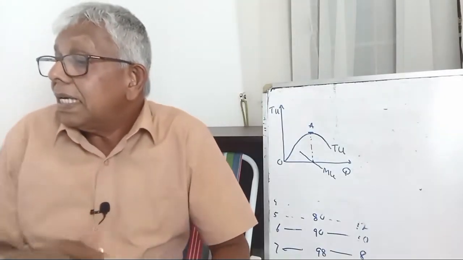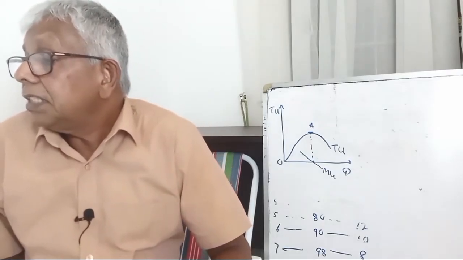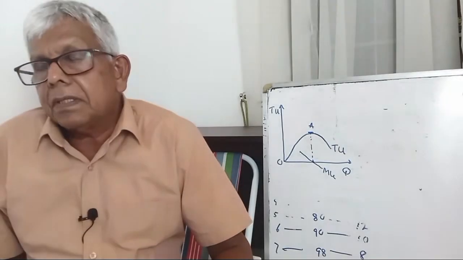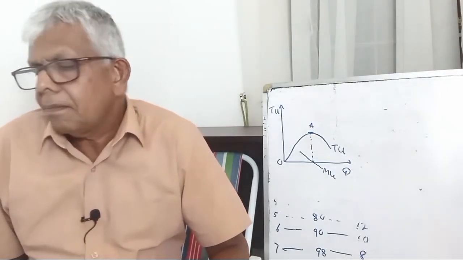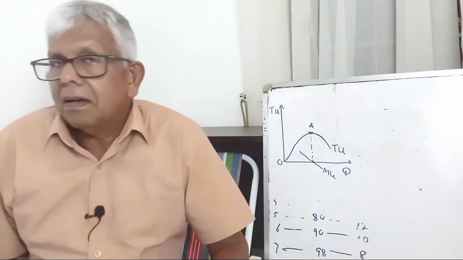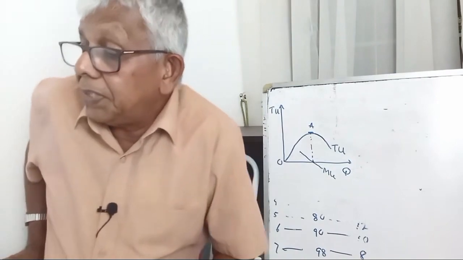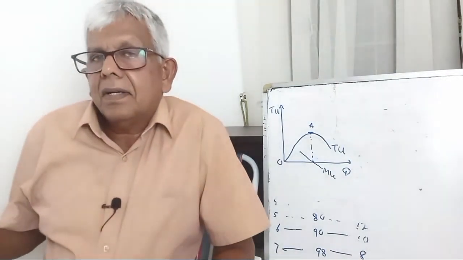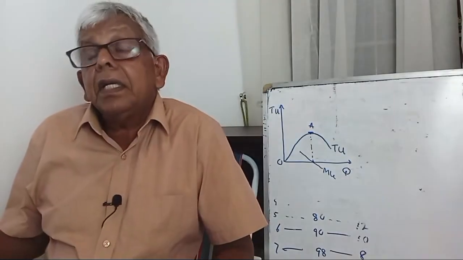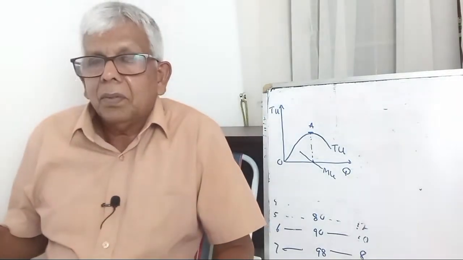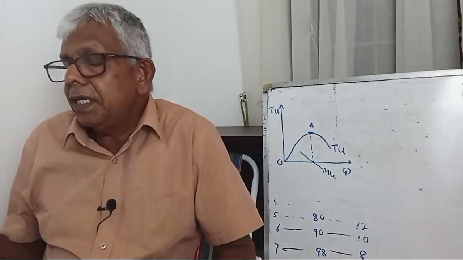We can clarify this relationship with the following schedule and the figures. We know number of units consumed Q, total utility TU, and marginal utility MU.